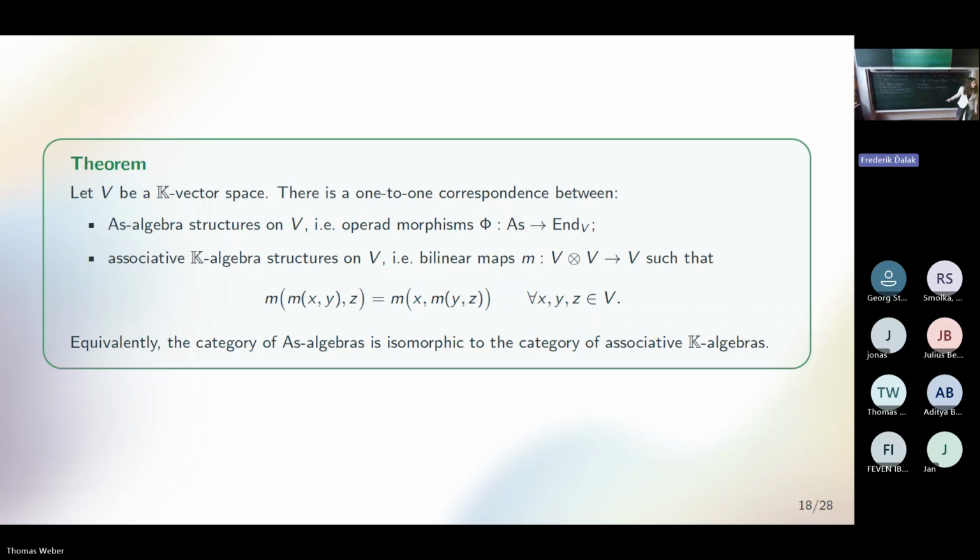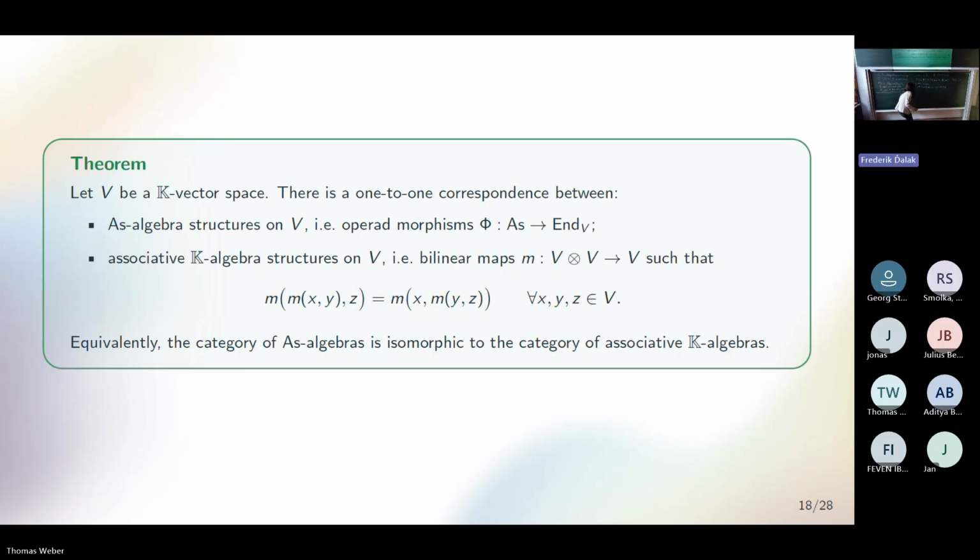This identity holds because As is one-dimensional in each arity. If we compose generators in this way, we obtain the unique generator of As(3) in both cases, and so this identity must hold. Then if we apply phi to both terms of this equality, since phi is a morphism of operads, it preserves composition and unit.